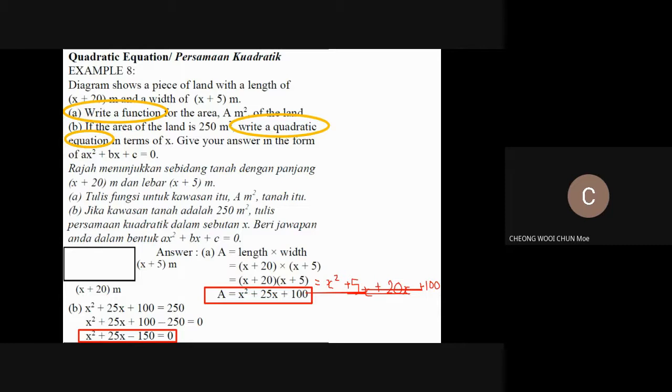Then you simplify, 100 minus 250 is negative 150. So x squared plus 25x minus 150 equals 0.